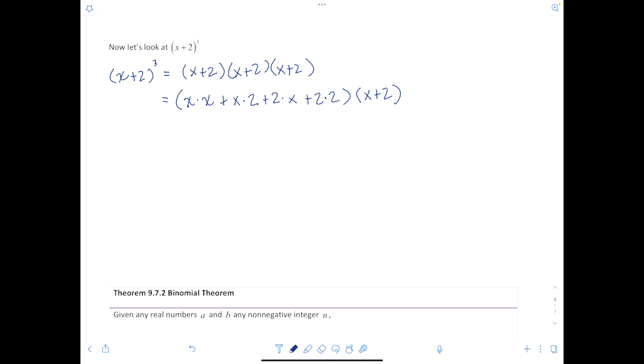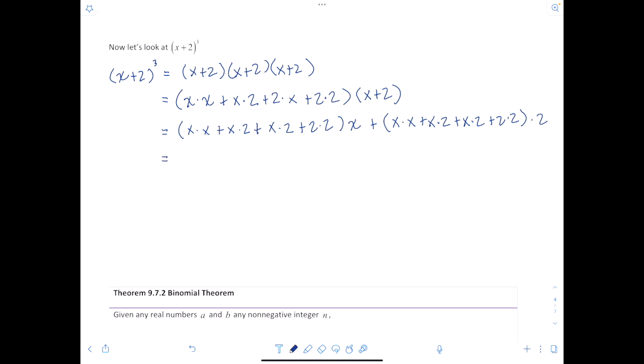So now if I were to just split that apart, it would be x times x plus x times 2 plus x times 2, I'm going to go ahead and commute those, plus 2 times 2, times x, plus that whole thing again, x times x plus x times 2 plus x times 2 plus 2 times 2, and that's times 2. That's just the distributive law.